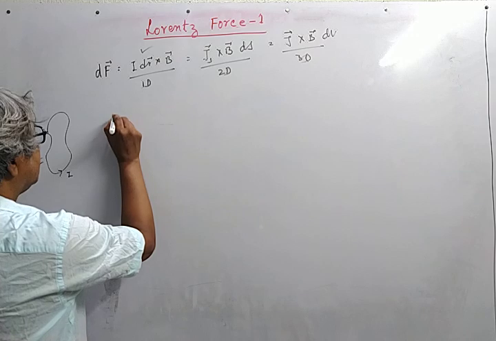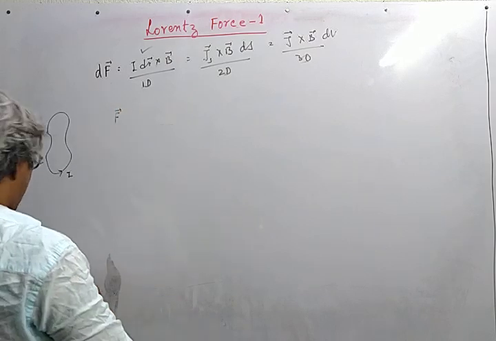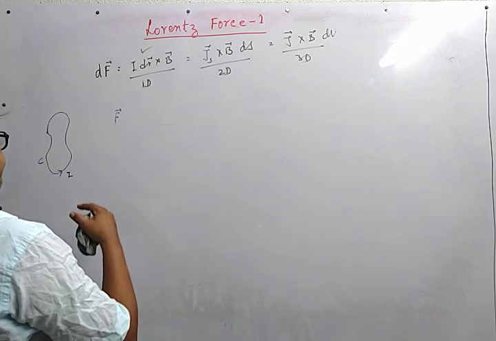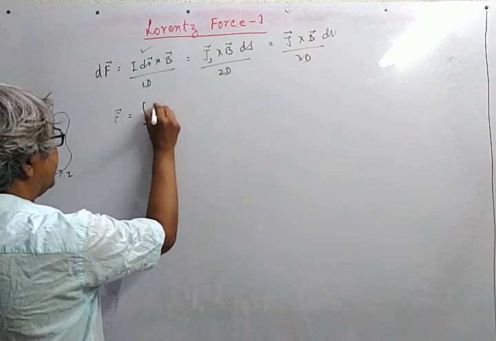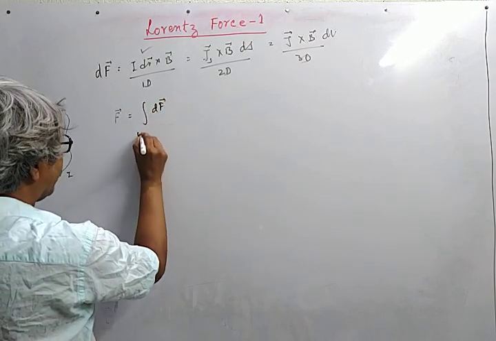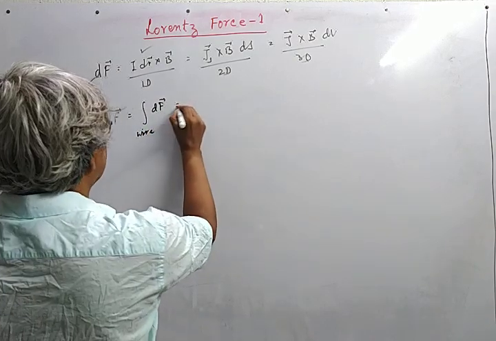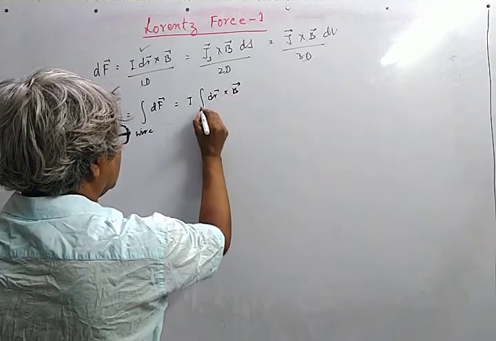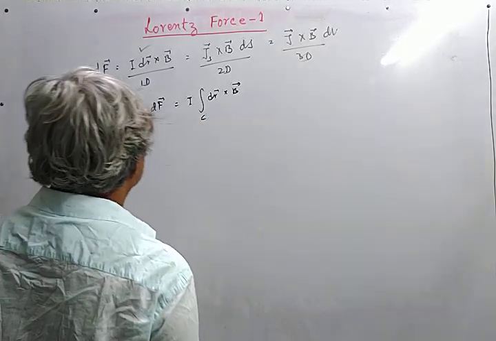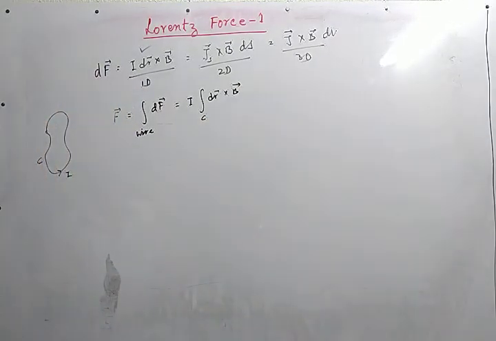So the force that acts on the entire conductor is F equal to the integration of dF over the wire. So that is to say this is I dr cross B. See, the conductor may not form a closed loop, but to set a current in a conductor, the conductor must be either in the form of a closed loop or in the form of an infinite conductor.